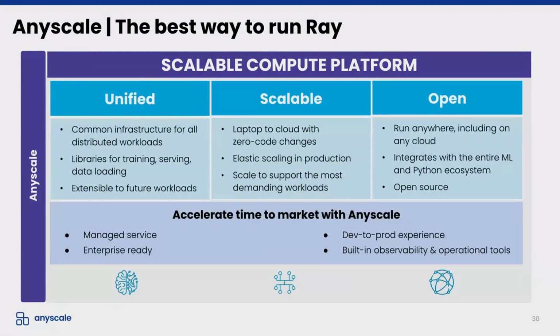It gives you both development and production experience, and you can move from development to production within a single platform, which can be very powerful if you are running complex pipelines and want to move them to the production environment. Anyscale comes with productivity tools and also observability that make data scientists and machine learning practitioners more productive.